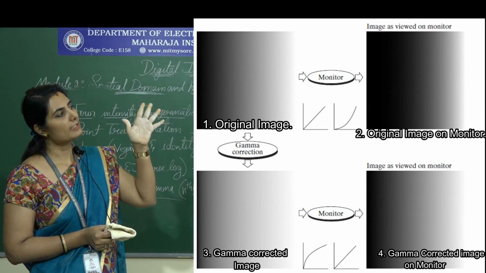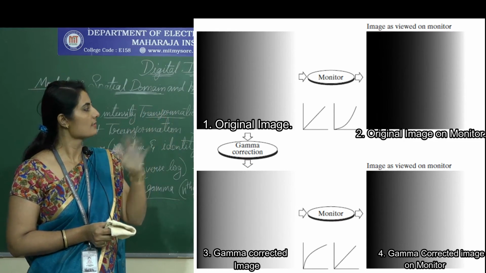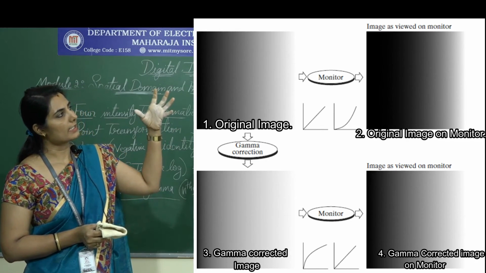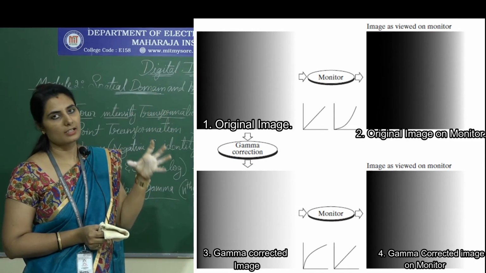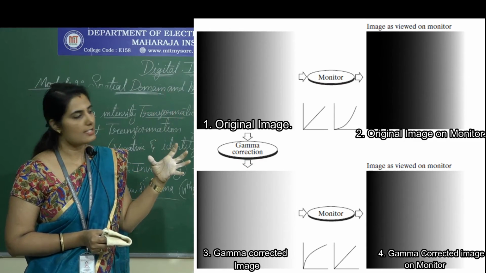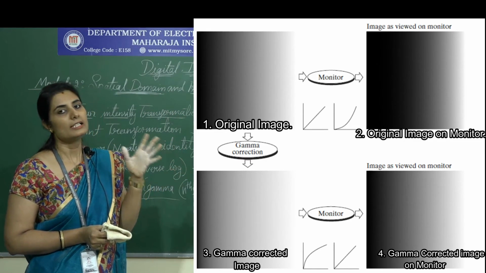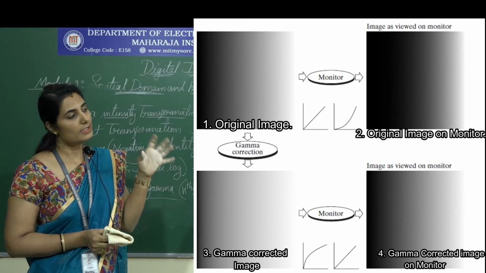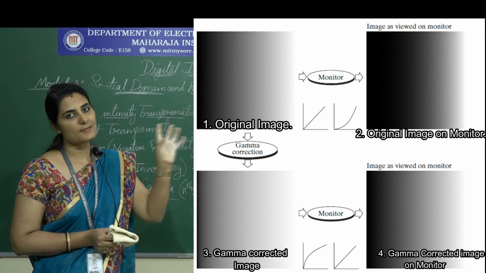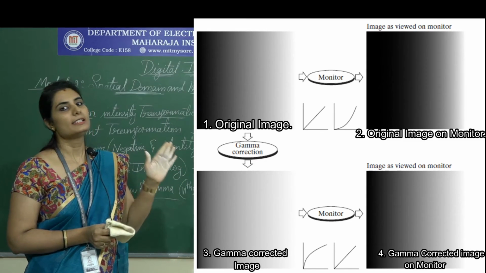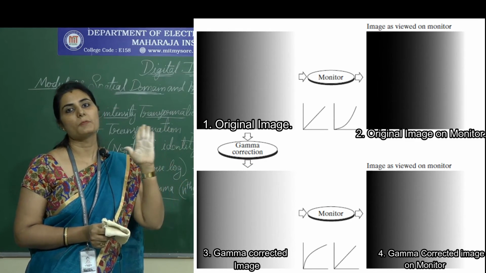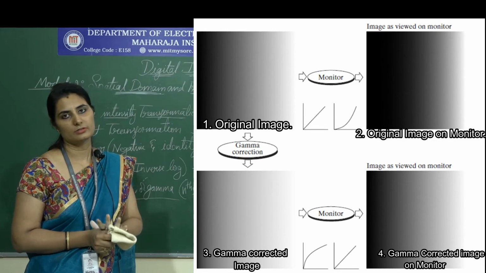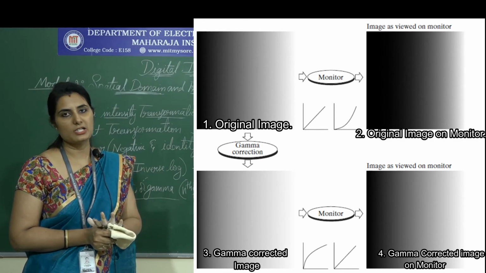So now the figure 1 is performed with gamma transformation. So we will correct this original image using gamma correction, then it produces figure 3. Now this figure 3 is the gamma corrected image, and whenever this gamma corrected image is displayed on the monitor, then this produces the image which is approximately equal and more accurate with respect to original image.